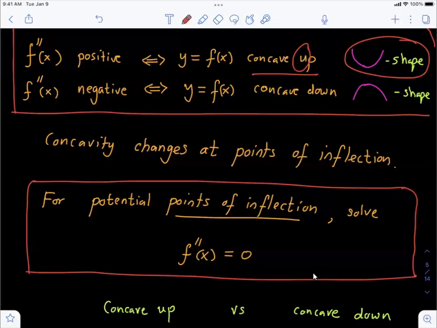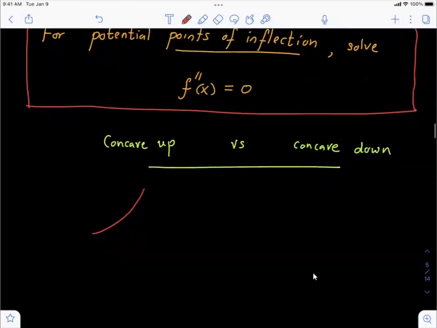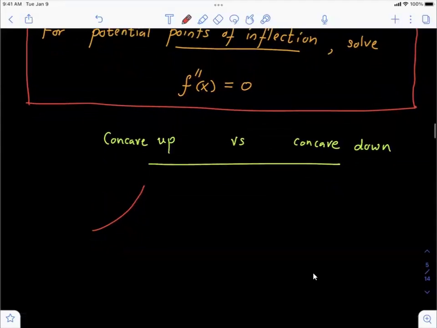Now, a quick geometric exploration. What do we mean by concave up, really? We know it's a U shape, right? So let me draw this shape for now, concave up. I'm not going to do anything right here. We will see that in a moment, but concave up. Now look at this. This is a part of a U shape, right?